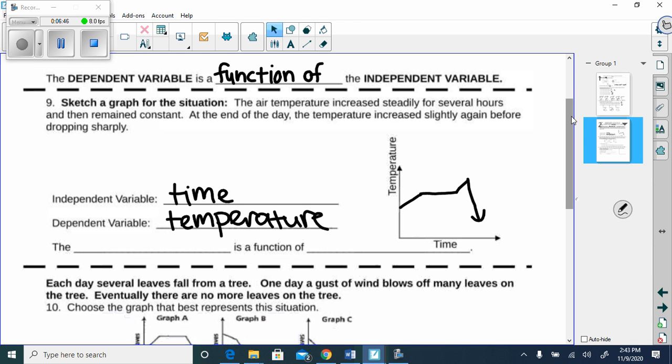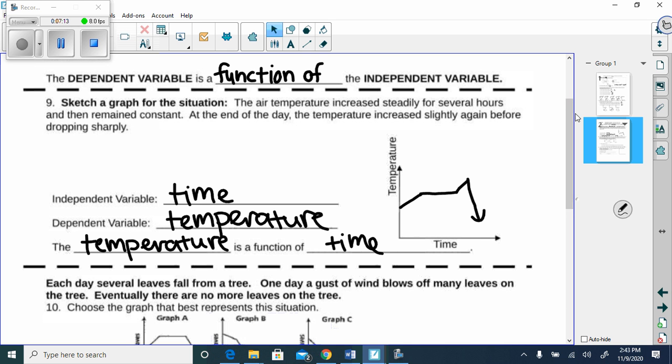Okay, so if we say that the dependent is a function of the independent, we said our dependent was temperature. While the independent was, very good.